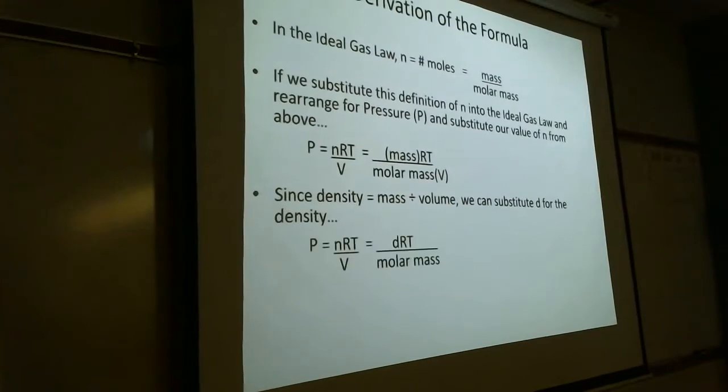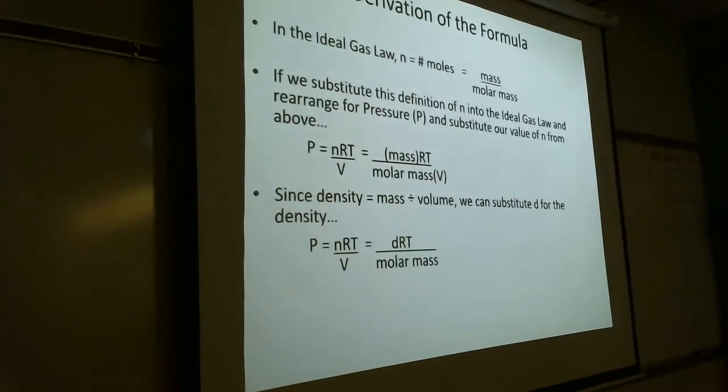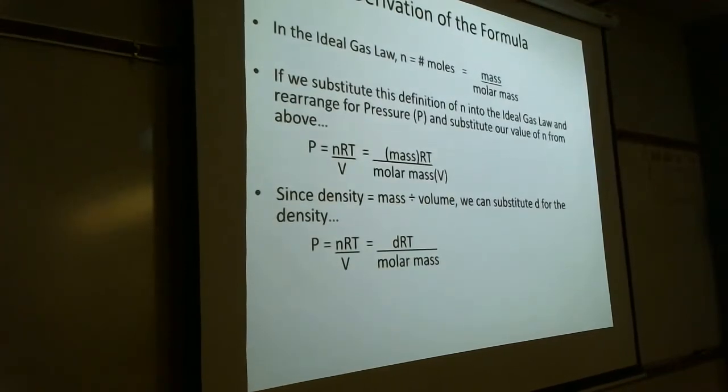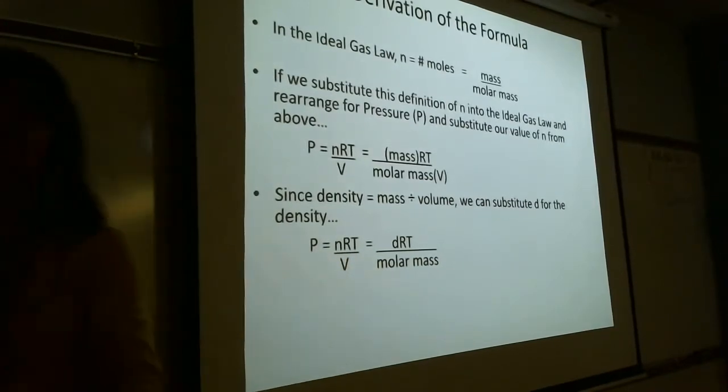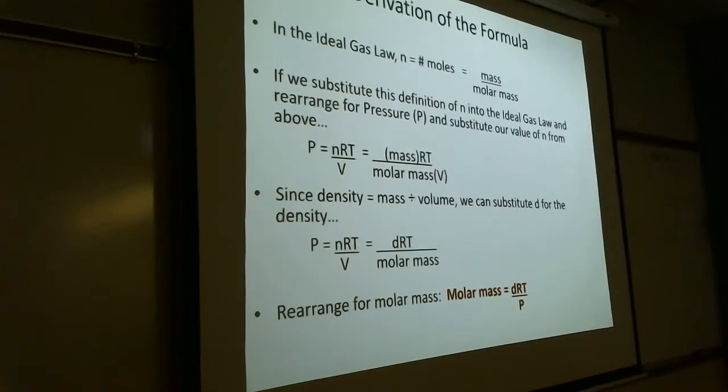That's density. So we can say P is equal to dRT over molar mass. And then if we rearrange this for molar mass, we get molar mass is equal to dRT over P. See? Not a hard derivation. That's the formula for molar mass: density times R times temperature divided by pressure.